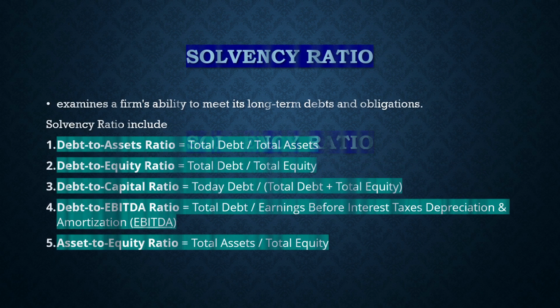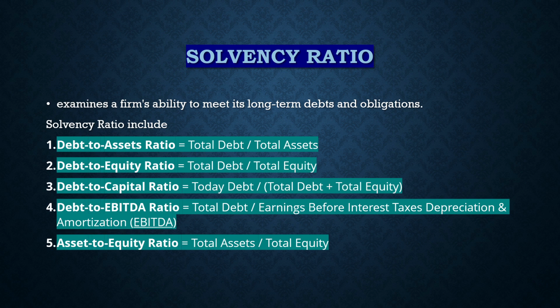Solvency ratios. Solvency ratio examines a firm's ability to meet its long-term debt and obligations. Solvency ratios include debt to asset ratio, debt to equity ratio, debt to capital ratio, debt to EBITDA ratio, and asset to equity ratio. Debt to asset ratio equals total debt divided by total assets. Debt to equity ratio equals total debt divided by total equity.